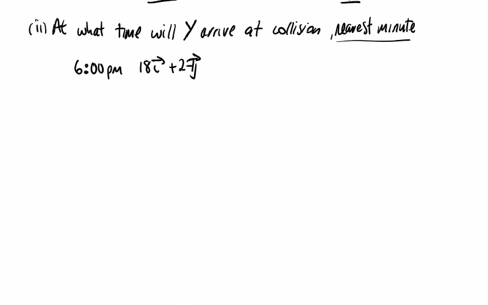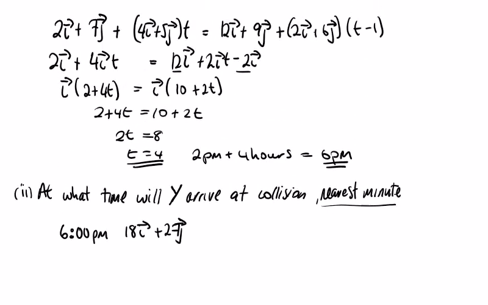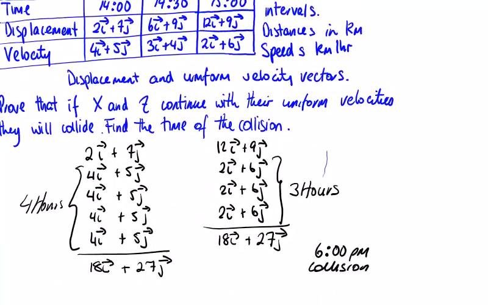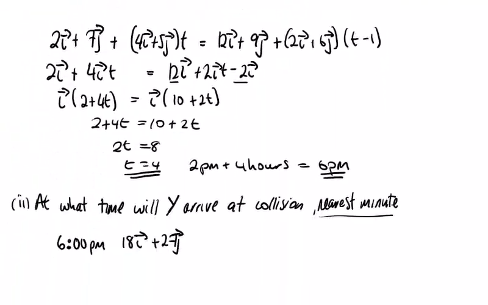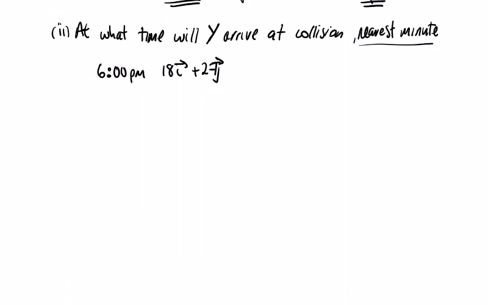Now at 6 p.m. Y has been moving for how many hours? It's the half-hour interval, so it's 3.5 hours. So Y starts off at 6i plus 9j, and it's moving for 3.5 hours at a velocity of, from above, 3i plus 4j.